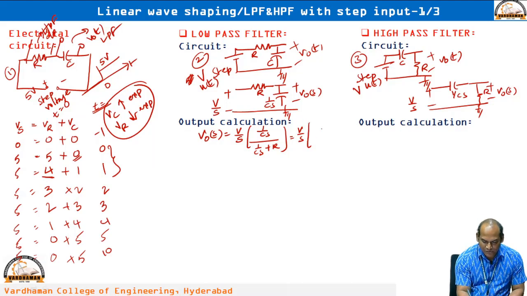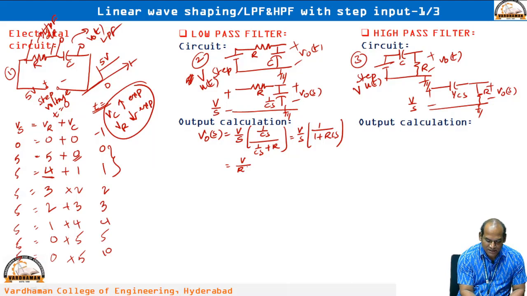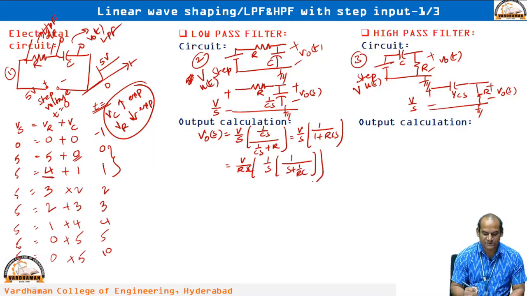You are going to get 1 by 1 plus RCs. We are familiar with 1 by s plus a, like that. So, we are taking this RC common. What you get, if you take RC common, V by RC, here 1 by s and 1 by s plus 1 by RC, like this we will get.